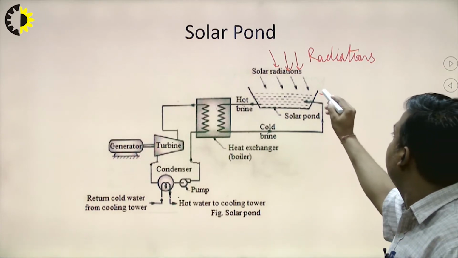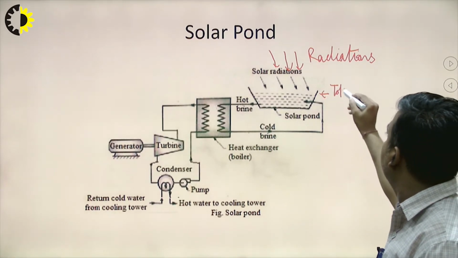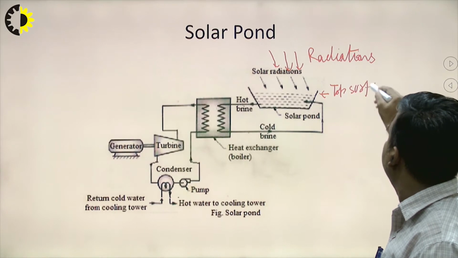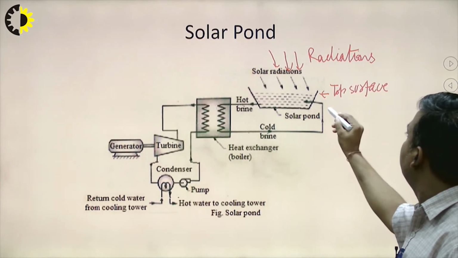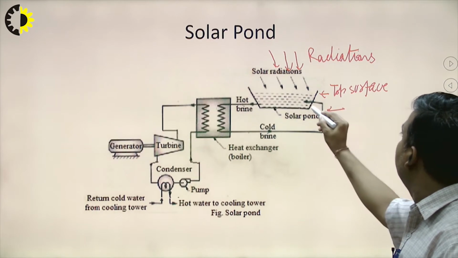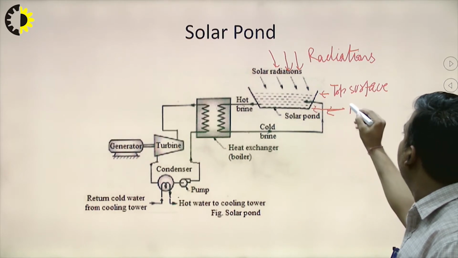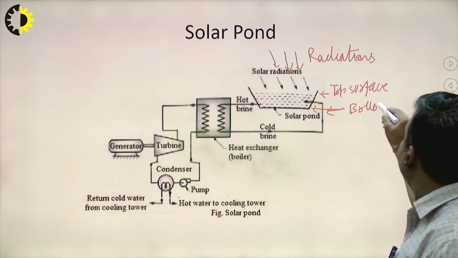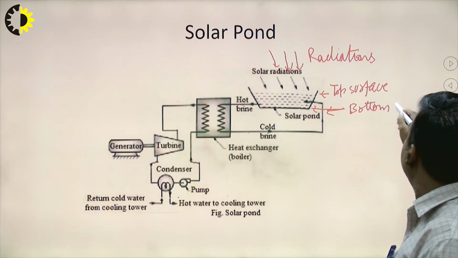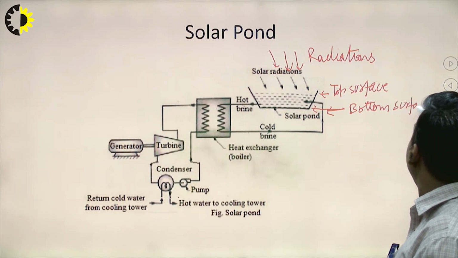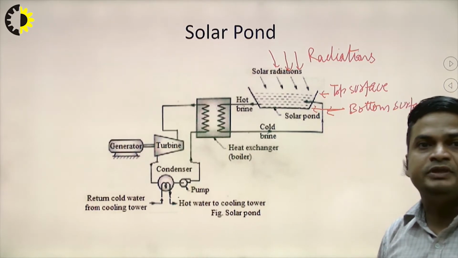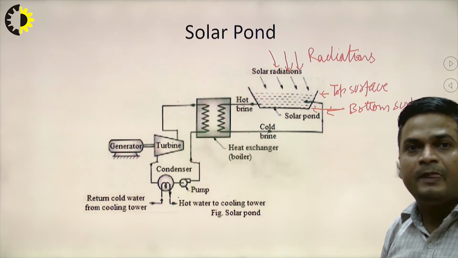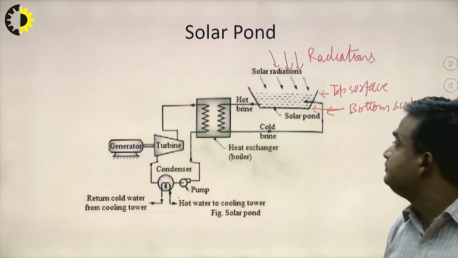This is the top surface and this is the bottom surface. So there are two ends of this pond, the top surface and the bottom surface.